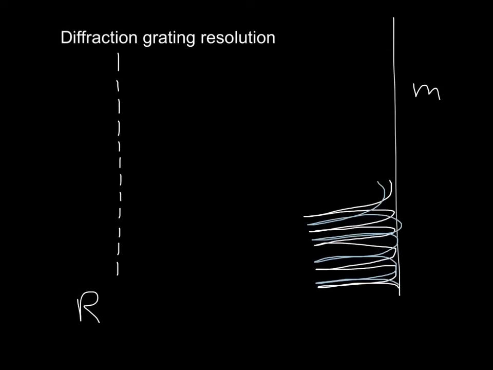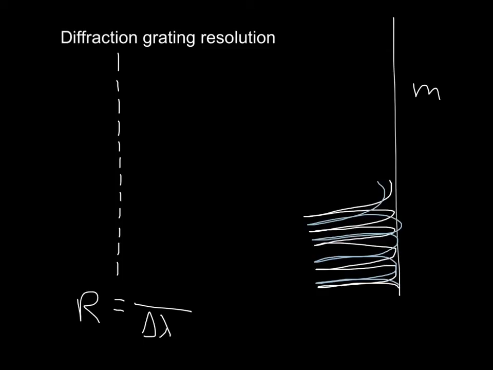Of course, the smaller the difference this can detect, the more resolving power it's going to have, right? So R has to be equal to something divided by the smallest difference it can detect. And ideally, this should be a number without dimensions. So if we are comparing the smallest difference in wavelength that it can detect with something, here there should be some wavelength.